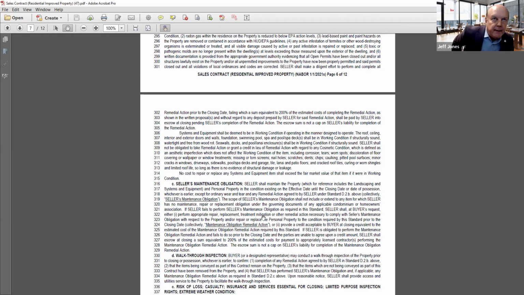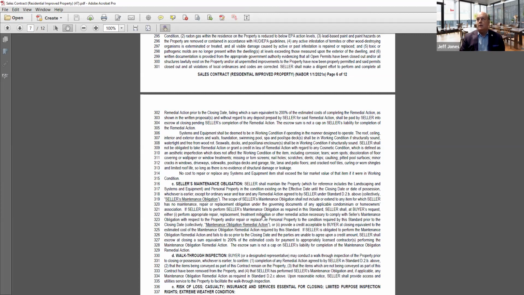So the seller's maintenance obligation, I think, is where we'll try to cap it off today. Regardless of whether it's an as-is contract or a regular contract, the seller's maintenance obligation basically says that I, the seller, am obligated to maintain the property in the condition it was in when we went to contract until closing, and that can be verified by the walkthrough inspection.